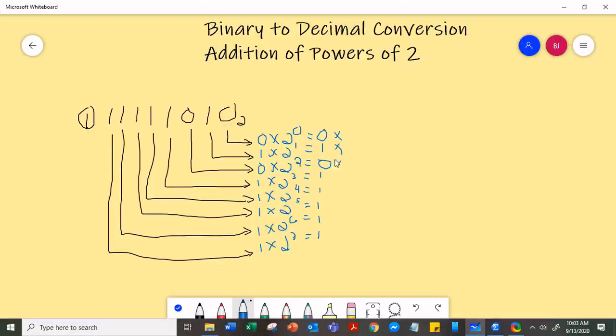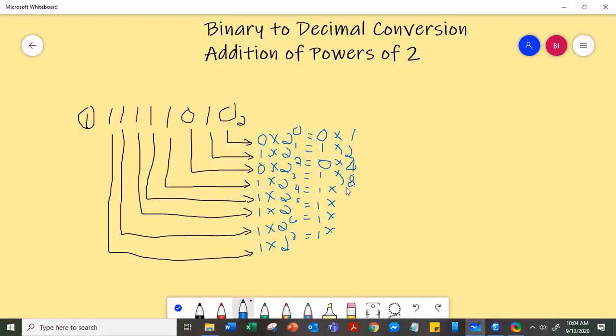They are actually multiplied by the powers of 2. So 2 raised to 0 is 1, 2 raised to 1 is 2, 2 raised to 2 is 4. You can see a pattern emerging.